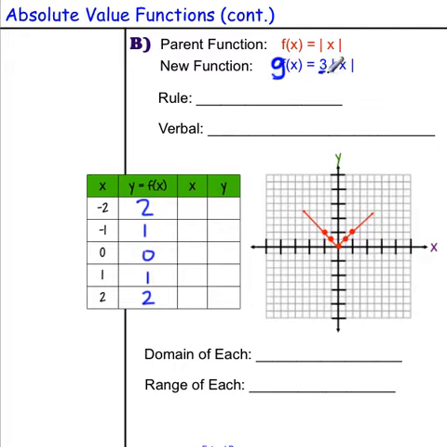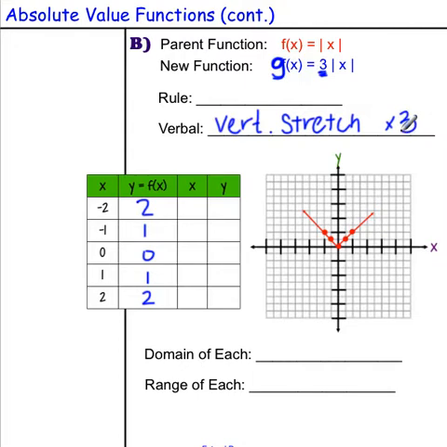So I see here that this 3 is on the outside, which tells me that it is vertical. And it is out front, and it is a multiplier, and it is bigger than 1, so that means that it is a vertical stretch. And my factor is a factor of 3.